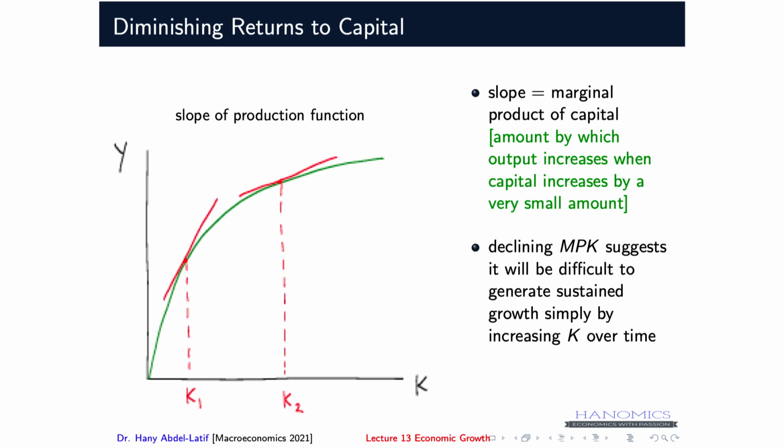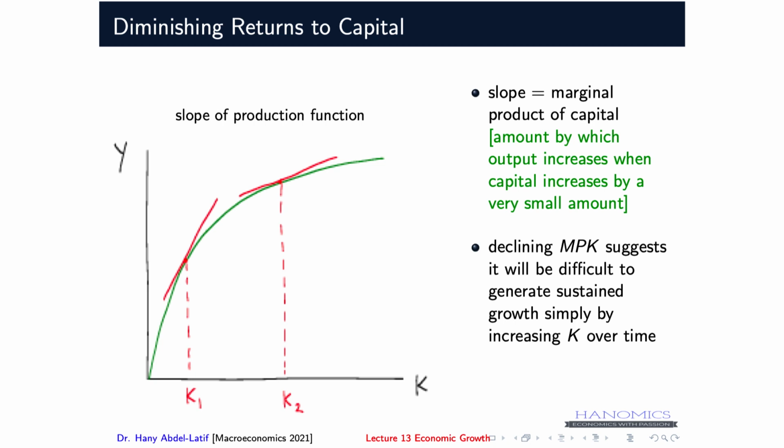So just by the way, as we are here, the slope of the production function is basically, again, in this production function you have output per worker on the vertical axis and capital per worker on the horizontal axis. And the slope in that case is the marginal product of capital. That means the amount by which output increases when you increase capital by a very small amount.